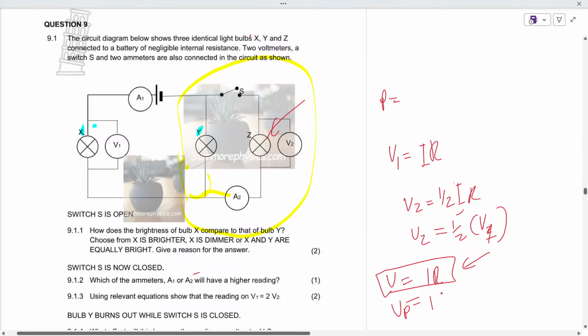So now if you check the resistors, how do you add the resistors in parallel? In parallel, we say one over that specific resistor. But if there are two, how do we add them? Let's say one over R1 plus one over R2.